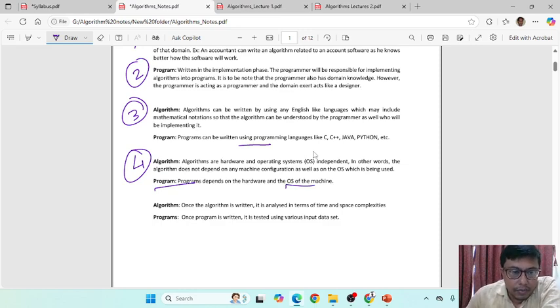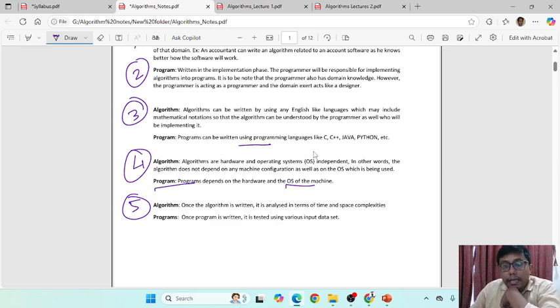This is the difference. And difference number five is, once the algorithm is written, it is analyzed, and the analysis is done based on time and space complexities.